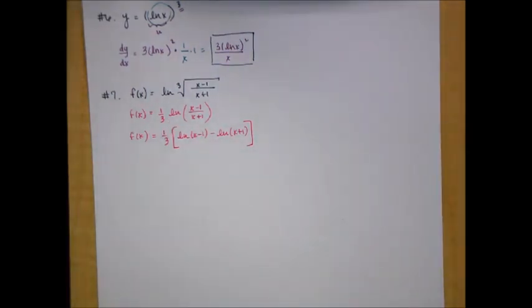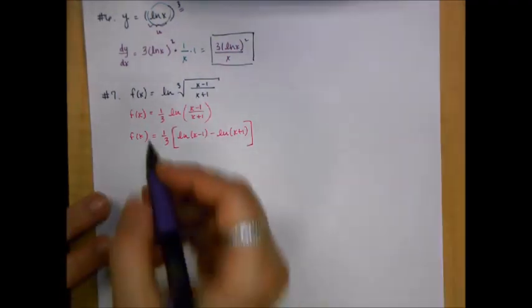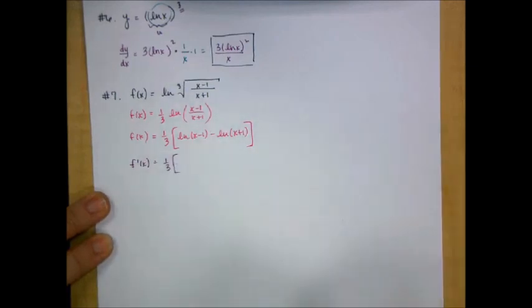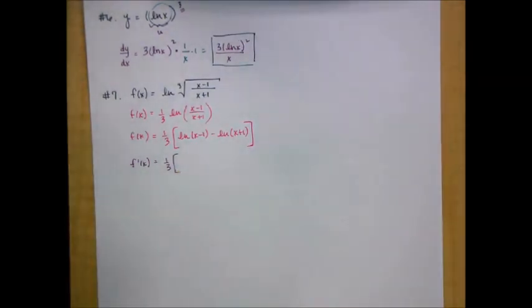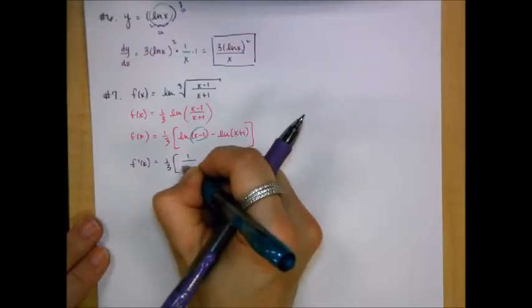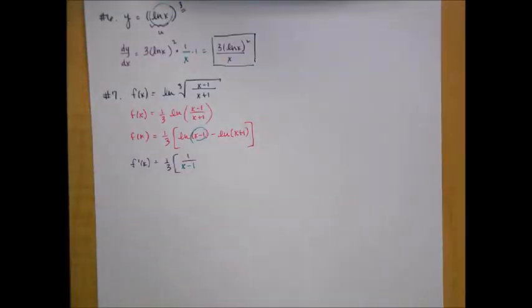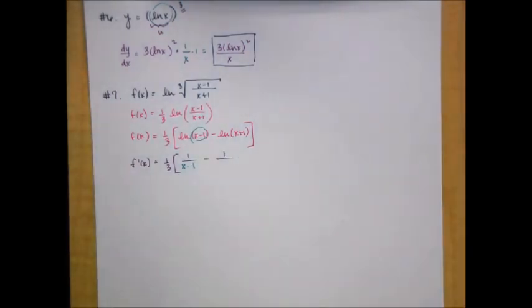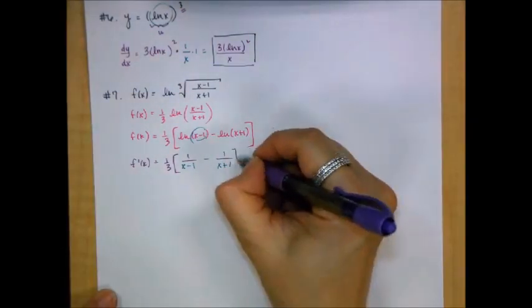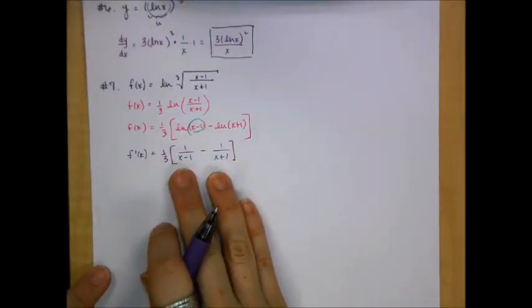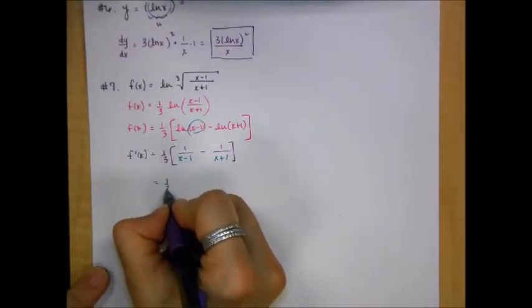we'll keep that 1/3 coefficient and then start taking the derivative inside. So the derivative of any natural log is 1 over whatever's inside times its derivative, 1. And then we repeat that over here, minus 1 over whatever's inside, x plus 1, times its derivative, 1. And then here, this isn't so bad to get a common denominator of x minus 1 and x plus 1. So I'm going to leave my 1/3 out front here, my common denominator of x minus 1 times x plus 1.